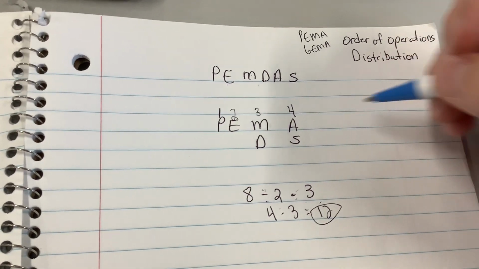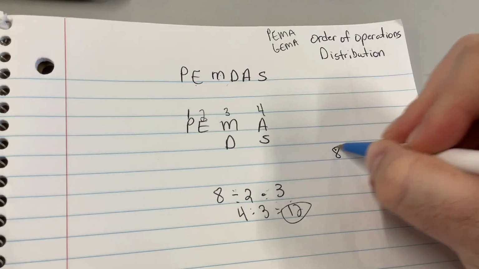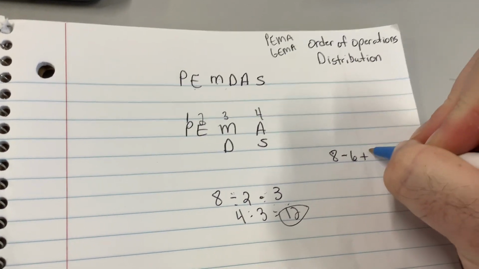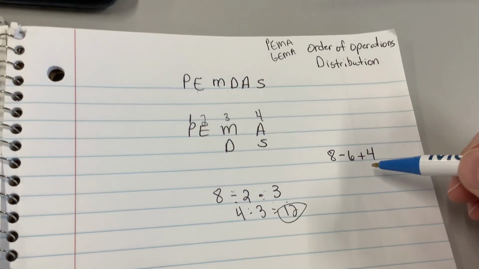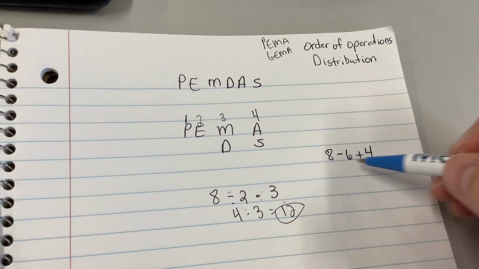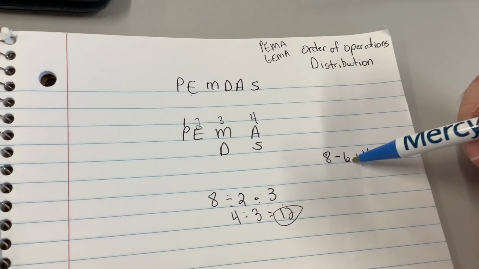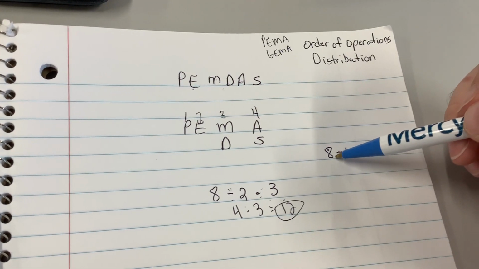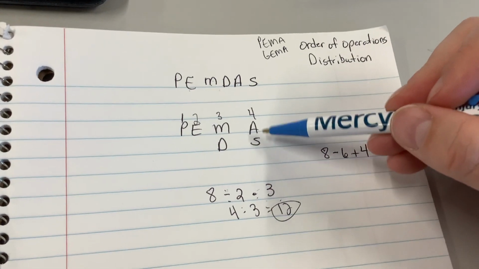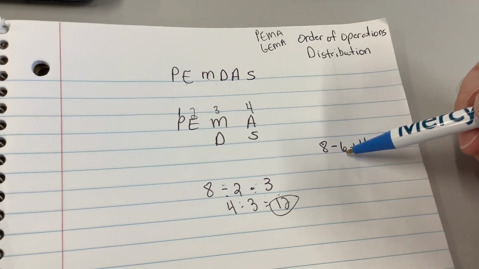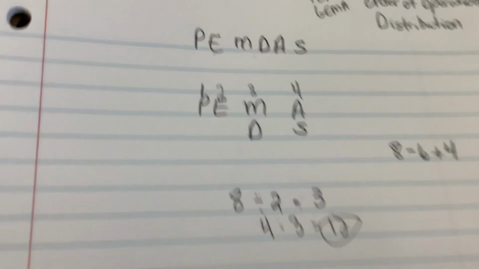They are a tie. So if you had 8 minus 6 plus 4, you don't have to do the addition first like it looks like here. You would just go left to right, and since they're both addition and subtraction, you just subtract first and then add. And you say, well, does it really matter?